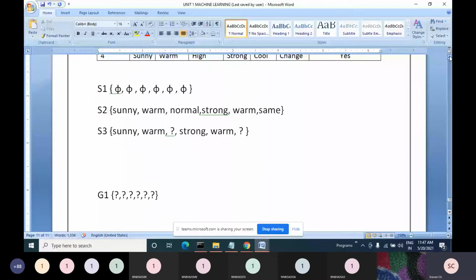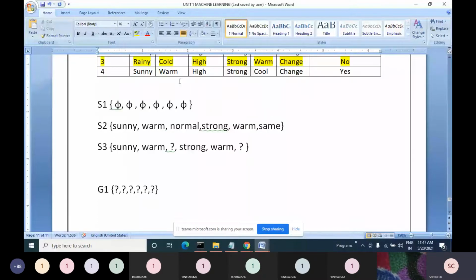I am going to update G1, so let me call it G2. Because the third record is a negative example, the outcome is no, I am going to update my most generic hypothesis.